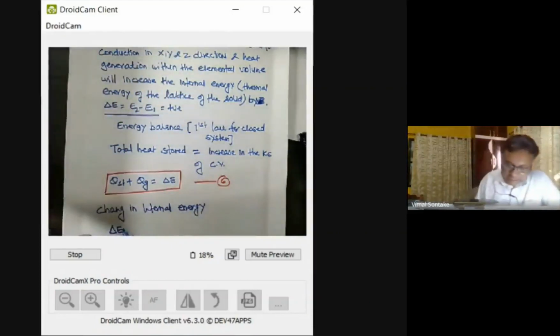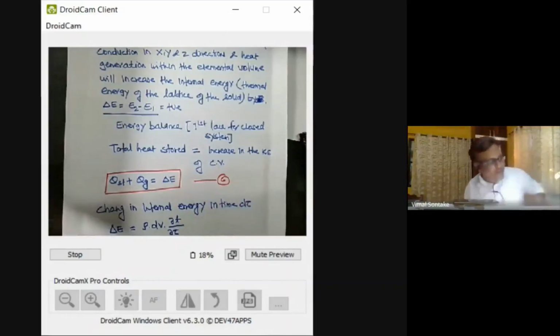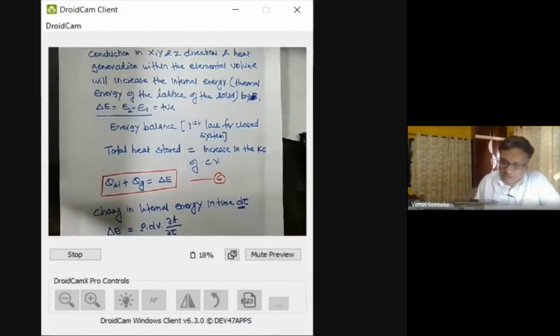Delta E can be found out by rho into dV into del T over del tau. Change in the internal energy in time d tau, isn't it? I am doing this entire analysis for this time duration d tau.